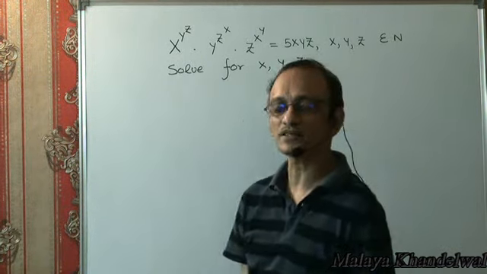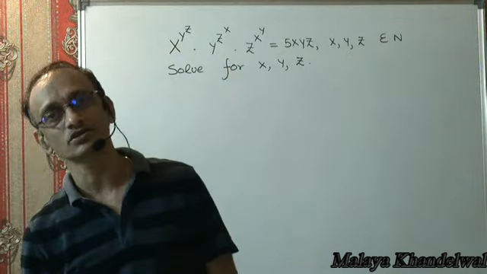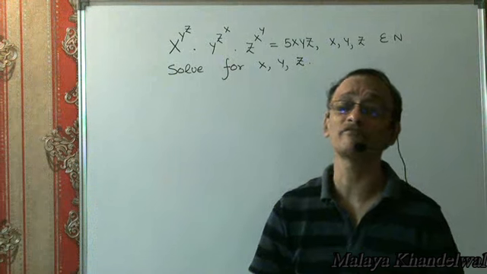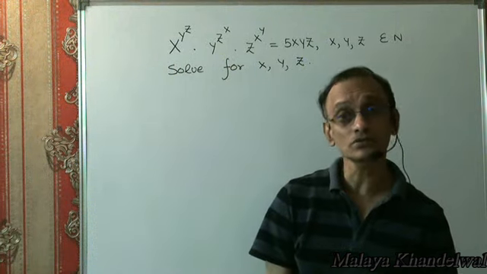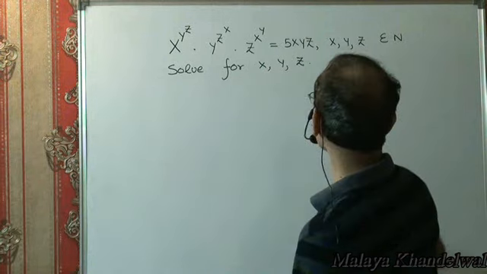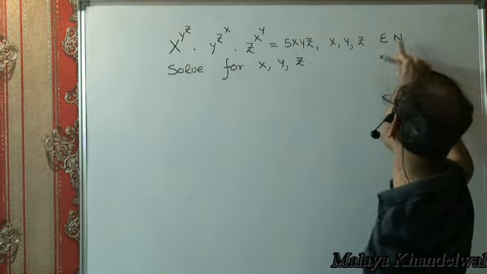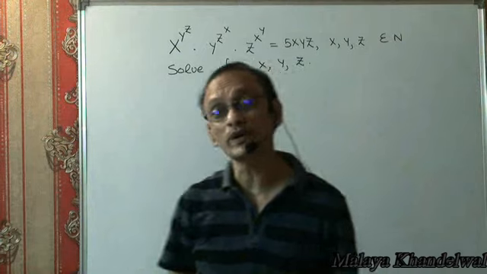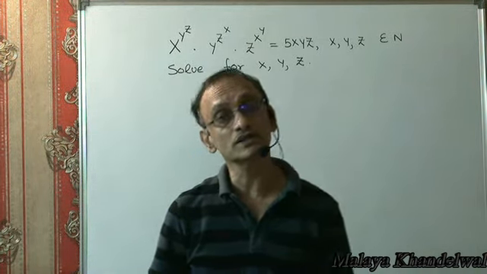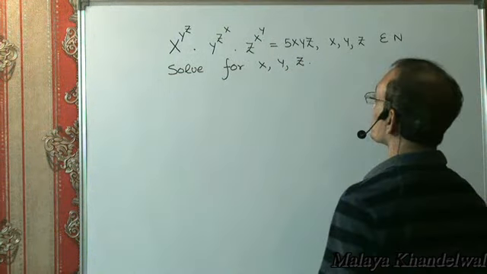How on earth is that possible? All along you've been told 3 equations for 3 unknowns, but now you have 1 equation and 3 unknowns. But then you also have a supplemental condition that x, y, z are natural numbers. How am I going to accomplish that task?